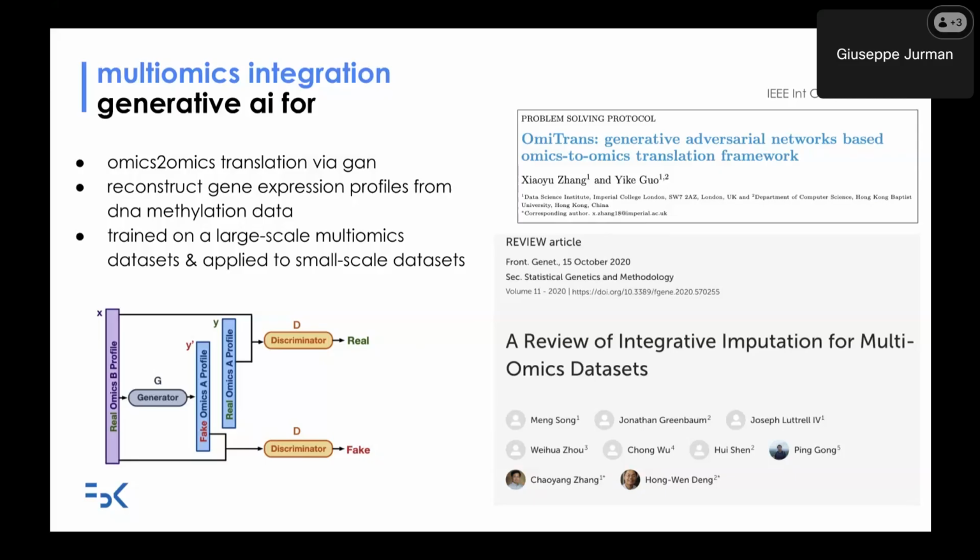This has been trained on a large-scale multi-omics dataset, okay, but it was applied on a small-scale dataset, and this has been published as OmiTrans. This has provided us not only with an integrator of data, but a real translator of omics levels that is clearly a key issue for this kind of application.